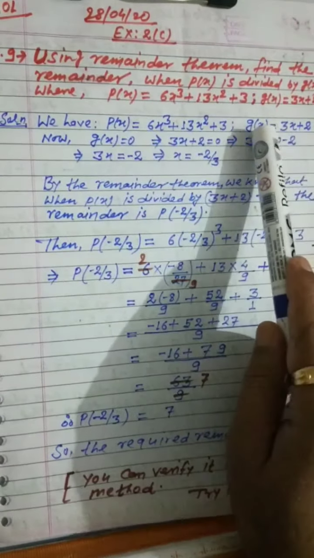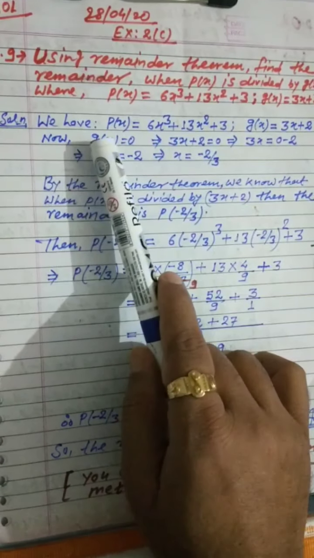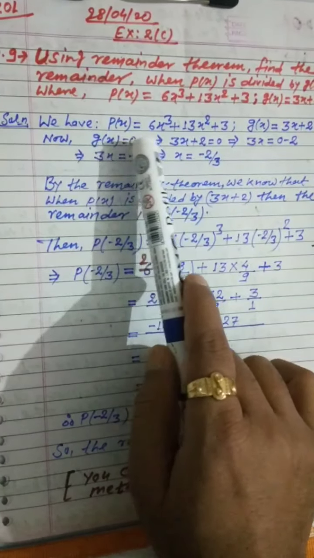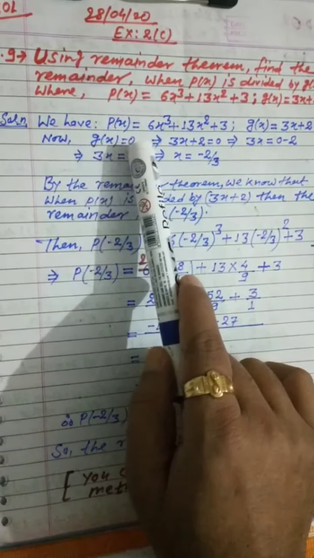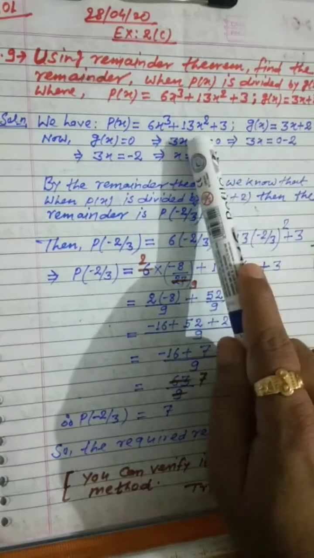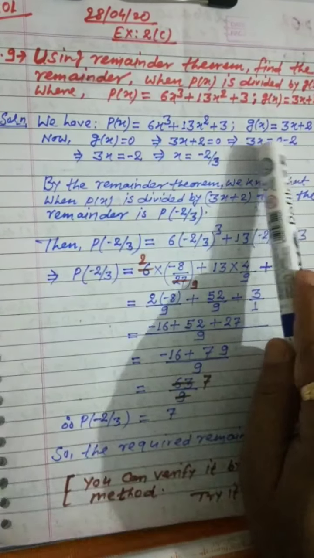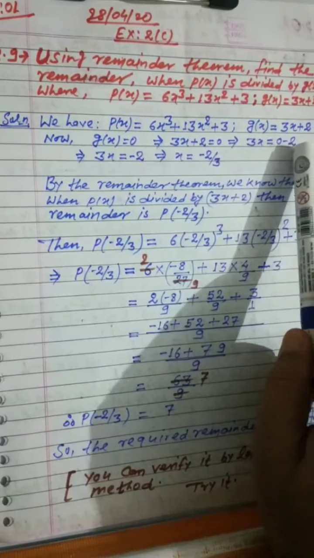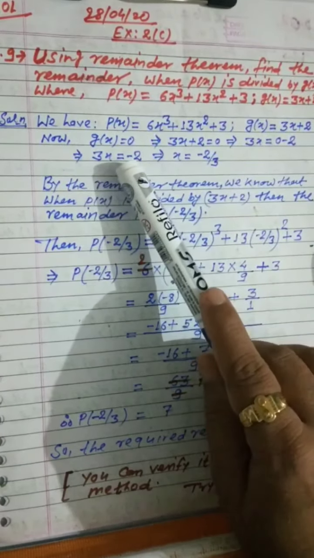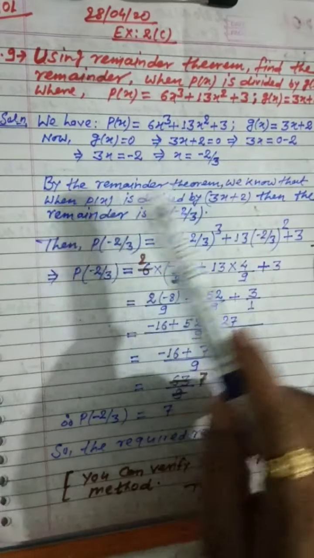To find the zero of the divisor polynomial, we have to equate it to 0. So g(x) is equal to 0. Now g(x), that is the divisor, 3x plus 2 will be equal to 0. This implies that 3x will be equal to 0 and 2 transferred to RHS will be minus 2, and this implies that 3x is equal to minus 2, therefore x is equal to minus 2 by 3.